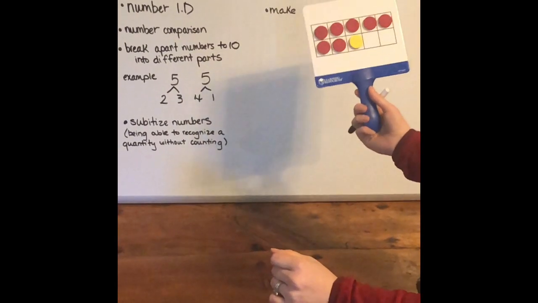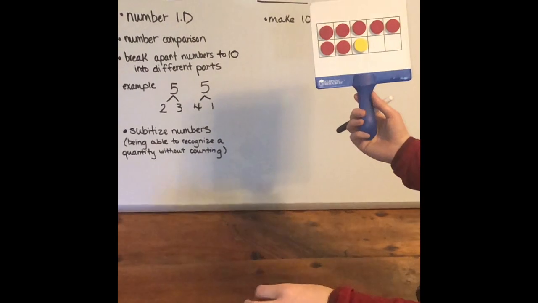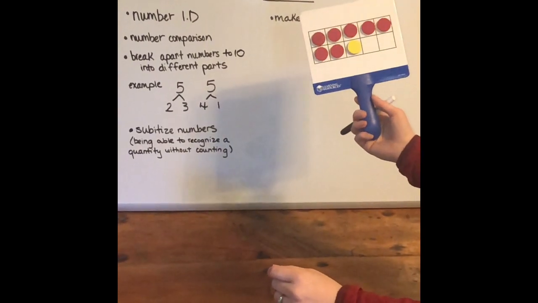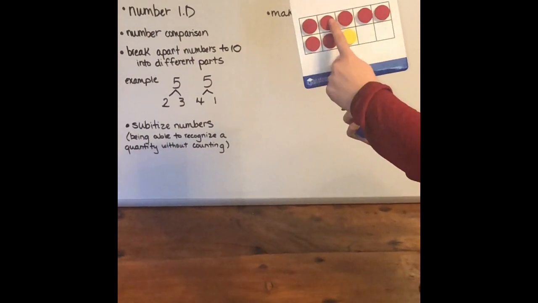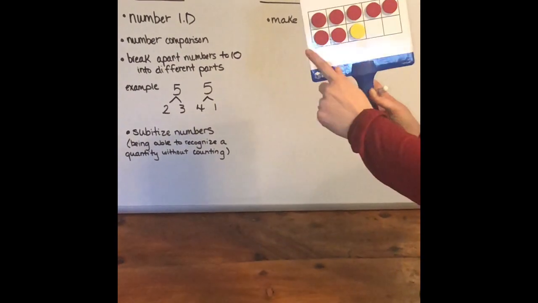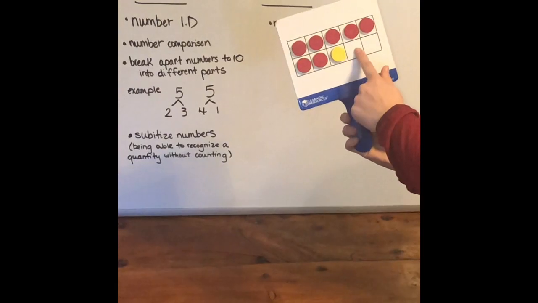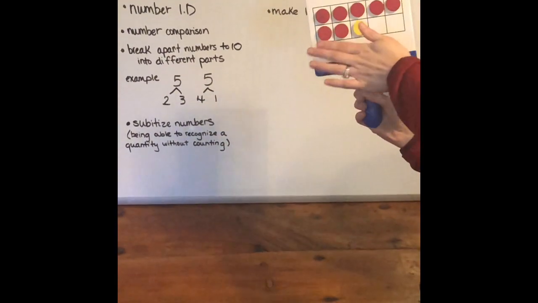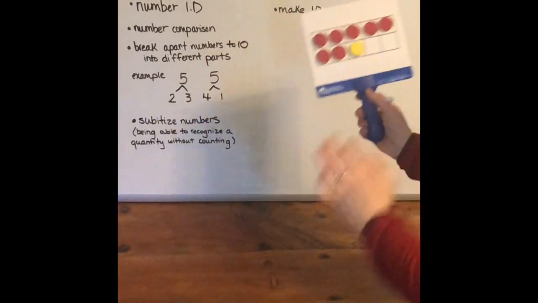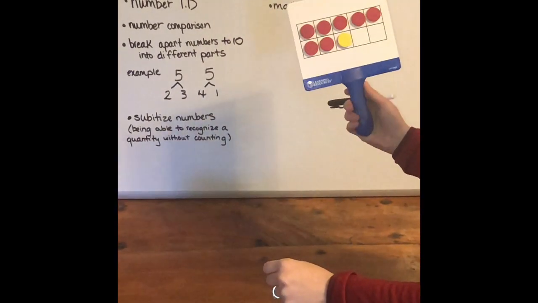So what we can do with a 10 frame are a lot of different things. When we're thinking about numbers, placement of numbers, 1, 2, 3, 4, 5, 6, 7, 8, 9, 10. We can compare numbers, 5 on top, 5 on the bottom. We can break apart numbers to 10 into different parts.